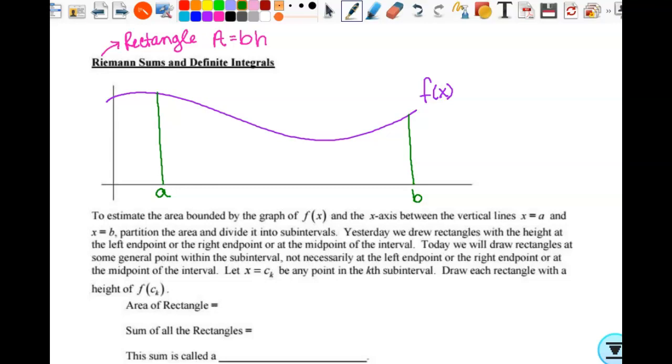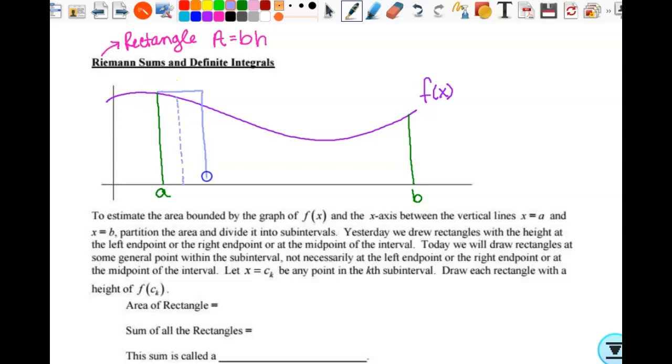Yesterday we drew rectangles with the height at the left endpoint, right endpoint, midpoint. Today we'll draw rectangles at some general point within the subinterval, not necessarily at the left endpoint or the right endpoint. So let's say that this is going to be the height right here. So our rectangle could maybe be like this.